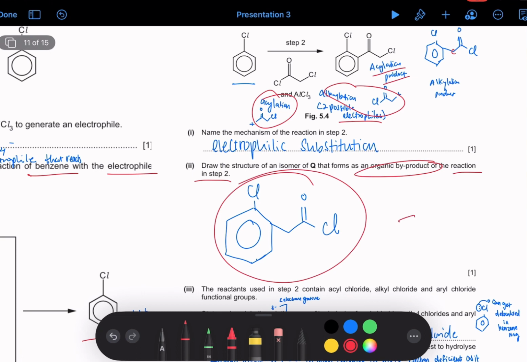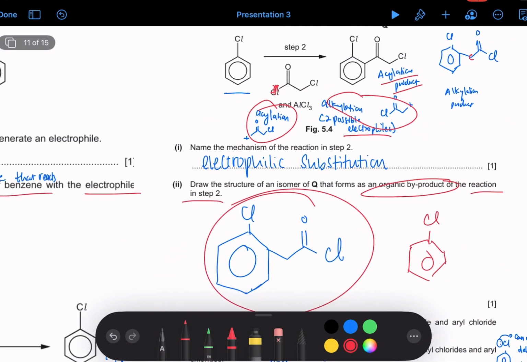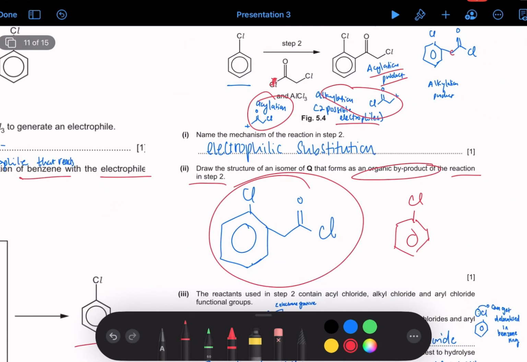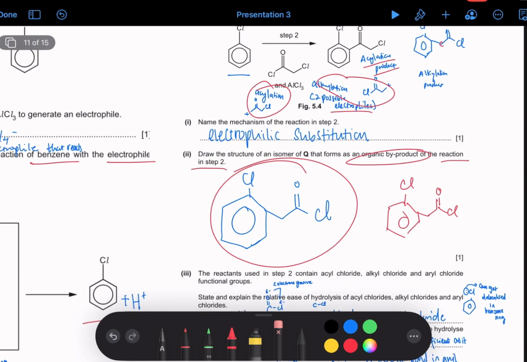Just imagine your Cl here, and this section is gone, so it's bonded straight on directly. Sorry, this one is for your alkylation product, not acylation, sorry.